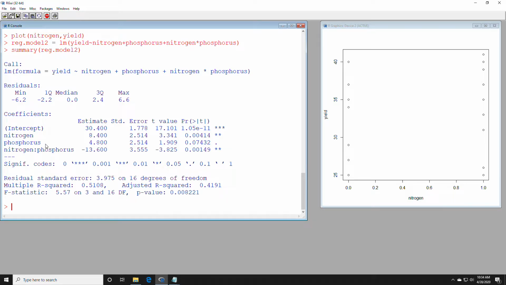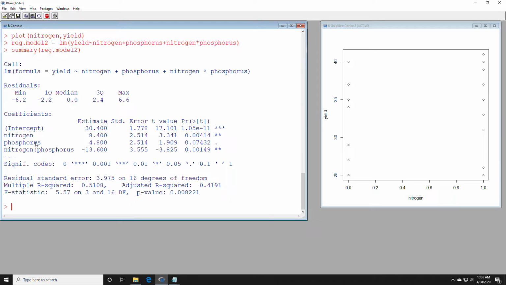So everything should be kept in this model. This one should be kept, this one should be kept, and this one is slightly above our cutoff, but because phosphorus is in the interaction term, we don't want to remove the single phosphorus term from the model.